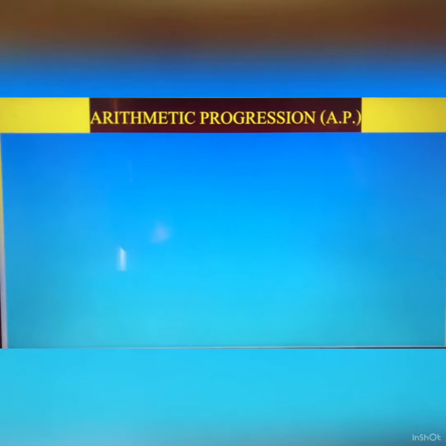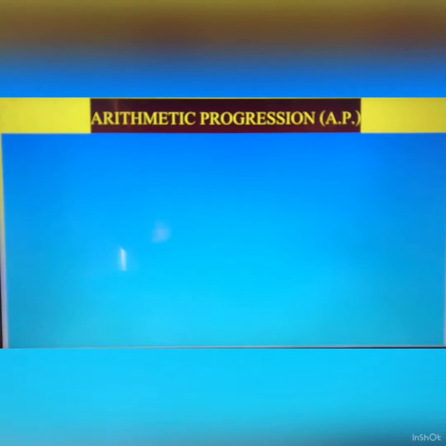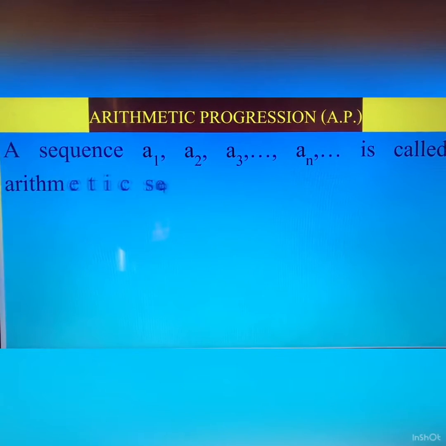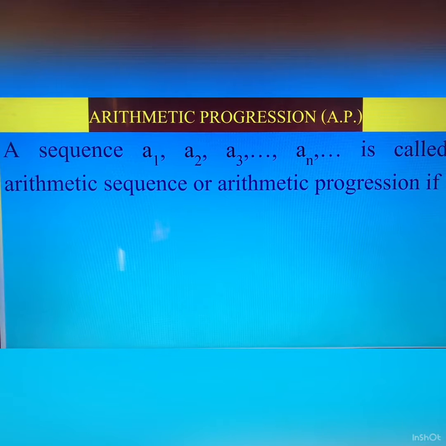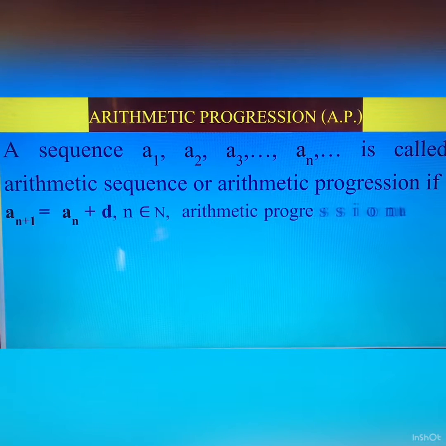Now arithmetic progression. What do you mean by AP? Arithmetic progression, in short form we can say AP. A sequence a1, a2, a3 and so on, an and so on is called an arithmetic sequence or arithmetic progression if a_(n+1) equals a_n plus d for n belonging to natural numbers.